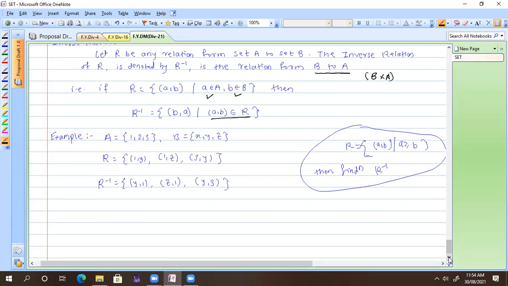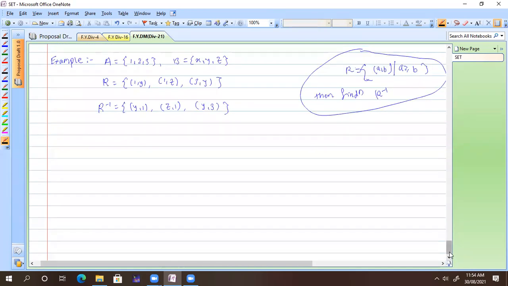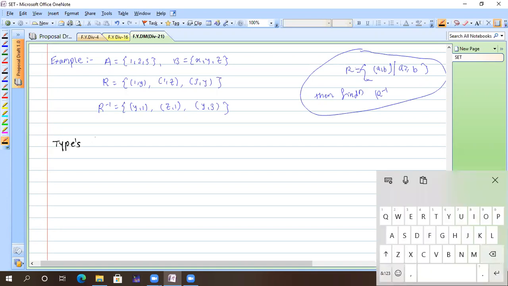So now we are going to see some types of relations, some important types of relation. So write down types of relation. The first one we are going to discuss is reflexive and irreflexive relation.